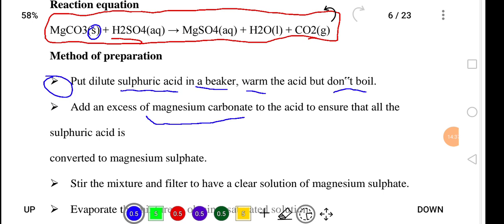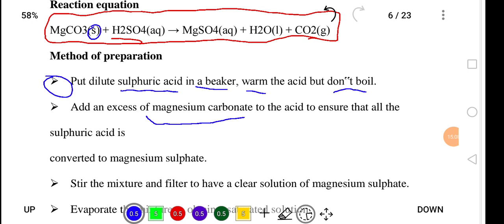And the faster magnesium carbonate is able to dissolve in sulfuric acid, the faster the rate of chemical reaction will take place. Reason being that with high temperature, we are going to increase the kinetic energy of particles, and when we increase the kinetic energy of particles, we are also increasing the effective collision of particles between magnesium carbonate and sulfuric acid.